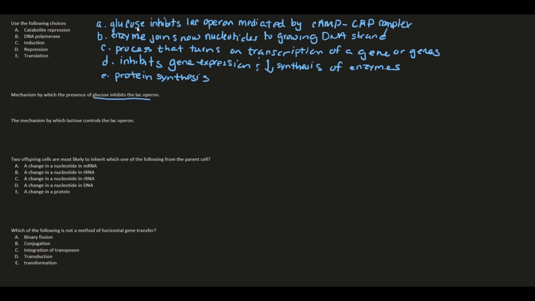Well, we see that here in A, glucose inhibits lac operon mediated by cAMP-CRP complex, and that is catabolite repression. So the answer is A, catabolite repression.